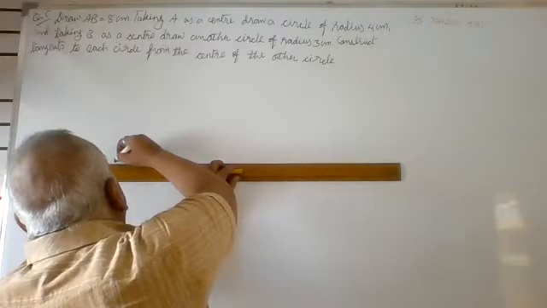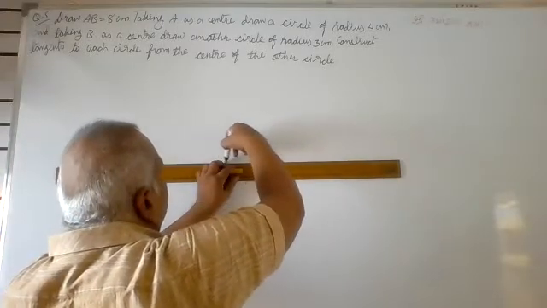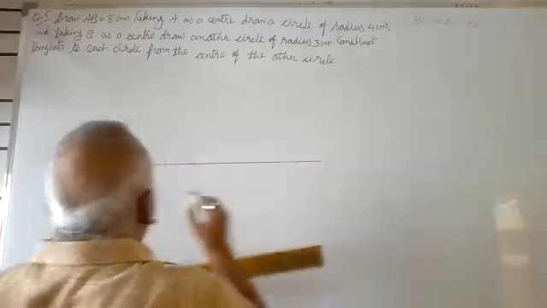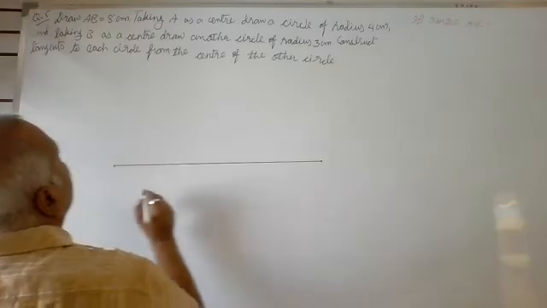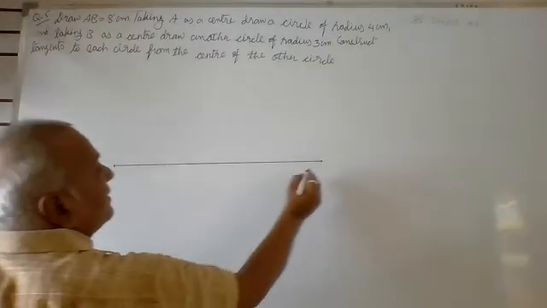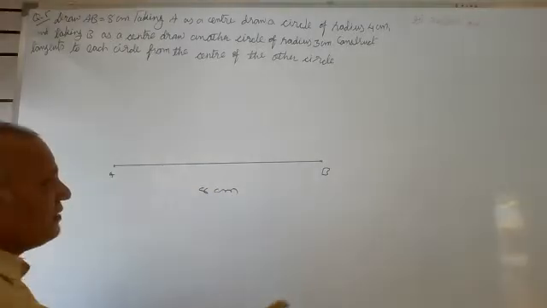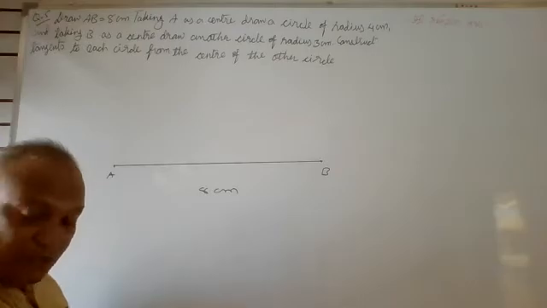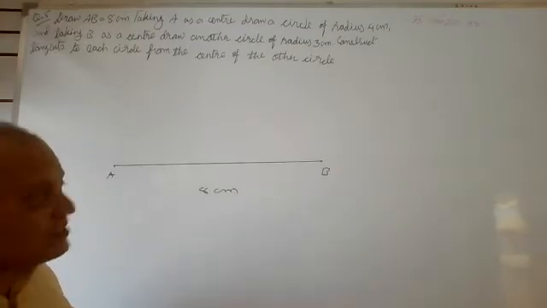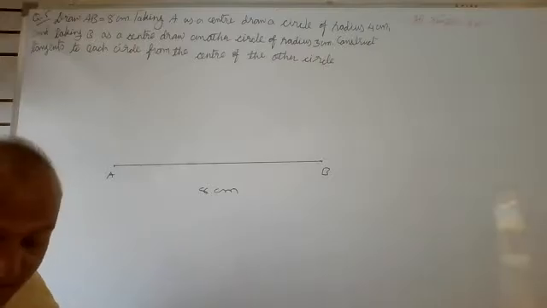This is the 8 centimeter line segment. We can say it is A, it is B, and it is 8 centimeter. Now from A and B, we have to construct two circles in such a way that one has radius 4, the other has radius 3.